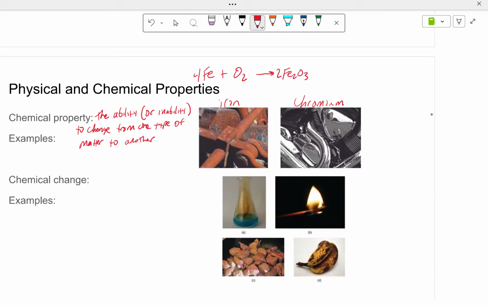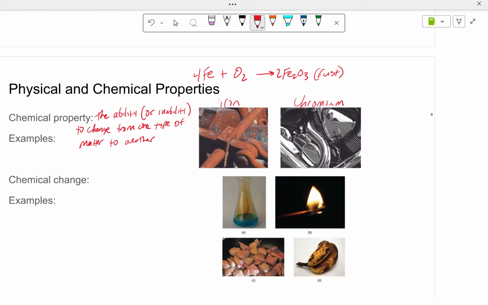And it makes a substance known as iron oxide, which is just rust. Chromium, on the other hand, is very resistant to oxidation. And so iron's propensity to react with oxygen and chromium's resistance to react with oxygen is a type of chemical property.